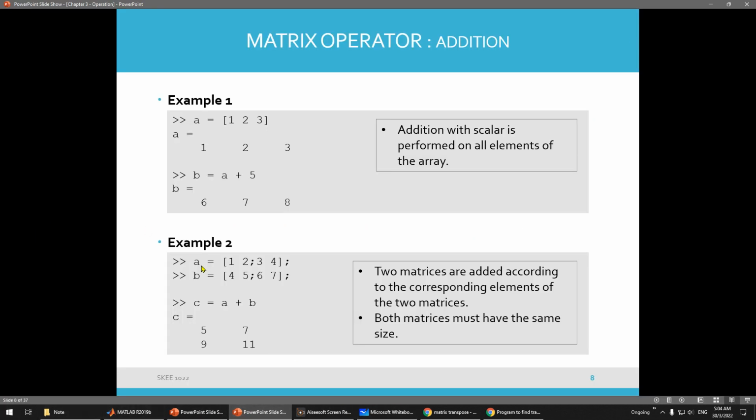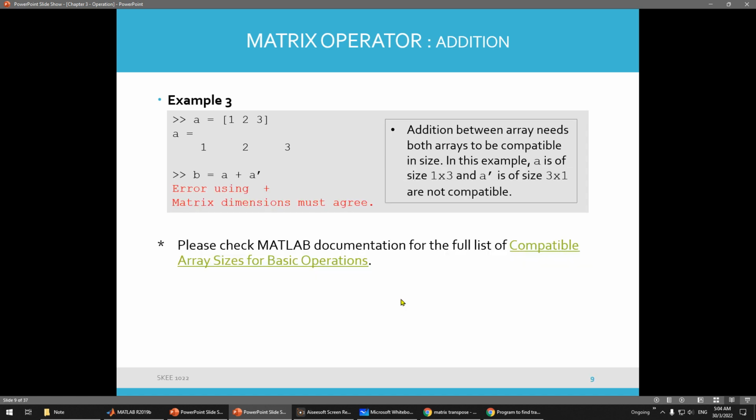Make sure you know how to use MATLAB as well as how to perform the calculation yourself. I think this one no need to show because you can understand this. So how about this? Recall, you can see here A is 1, 2, 3, and this symbol is called transpose.